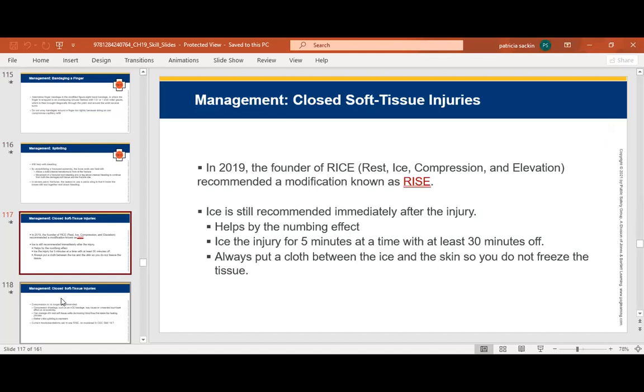So this is rest, ice, compression, elevation. If you're dealing with somebody that's got a minor injury and getting them off the hill, somebody else is going to take them. You've determined that they don't need transport, they can transport themselves, or they've got somebody there that can.